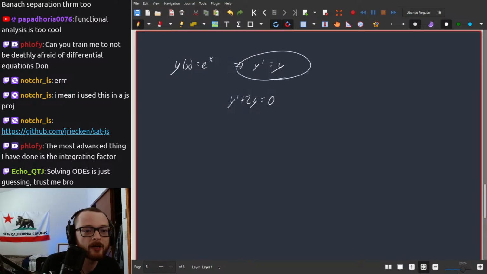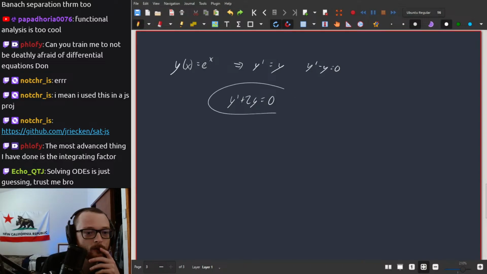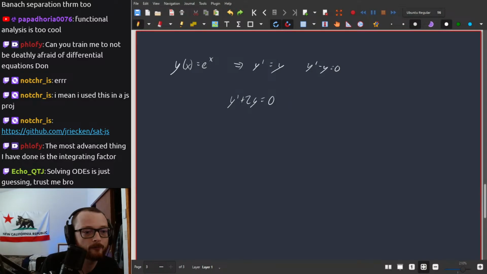Because it looks kind of like that. Just instead of y prime minus y equals 0, it's a plus 2 there instead. But still, we can do some magic with e in order to solve that.